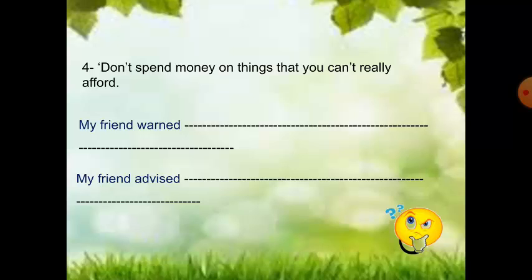Number 4, don't spend money on things that you can't really afford. The first way, my friend warned me against spending money on things that I couldn't really afford.